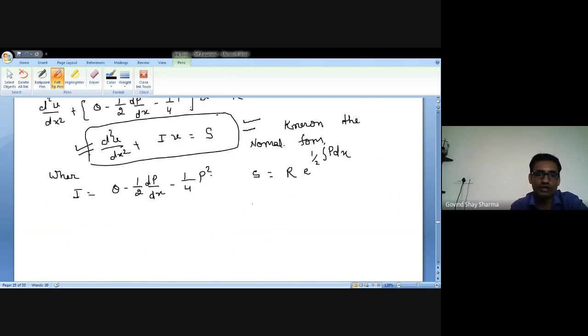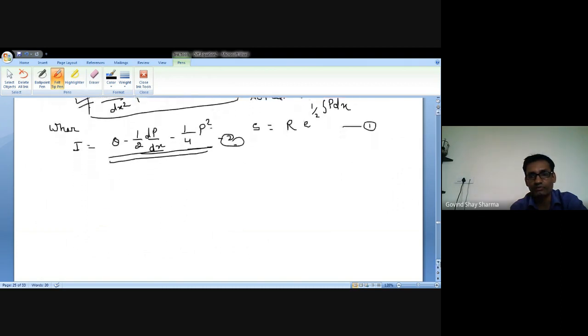And directly the value of I we find out with this term: I is equal to q minus half dp upon dx minus 1 by 4 p square, and S is equal to r e to power half integration pdx. So these are two things we have to remember, and we directly put the value in exam or when we do the problem.